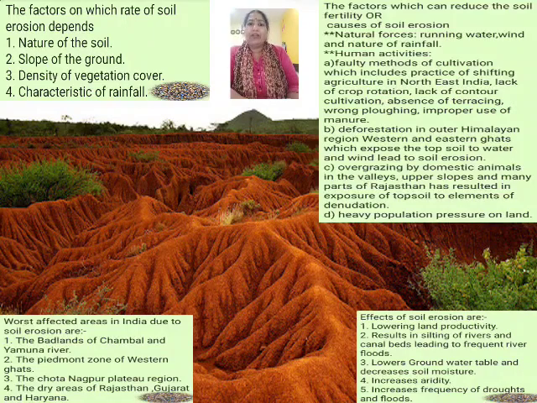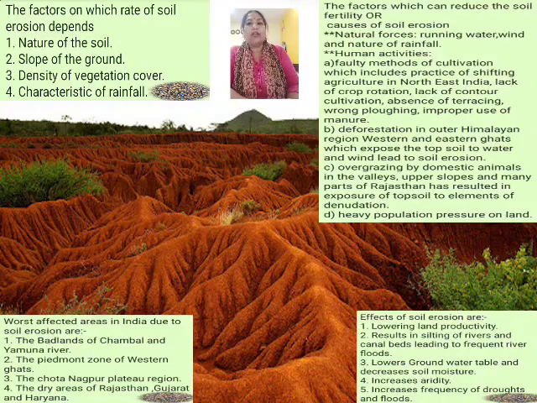One more thing which you should know about soil erosion is, what are the effects of soil erosion? Now, the answer will be, first point, lowering of land productivity. Second point, results in silting of rivers and canal beds leading to frequent river floods.